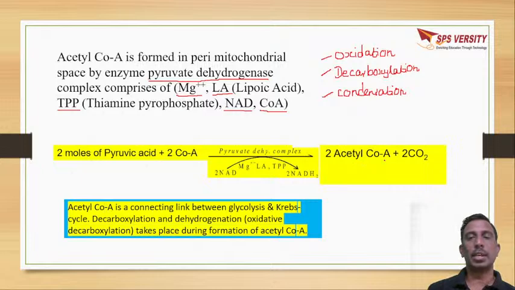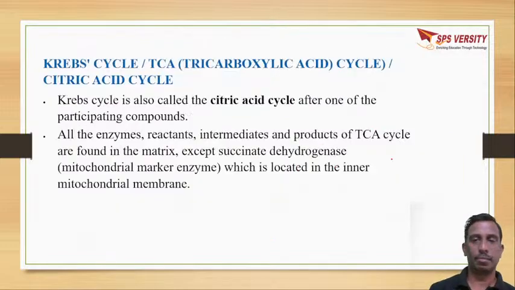NADH2 is the energy currency, and the 2 CO2 are released into the atmosphere. These 2 acetyl coenzyme A will proceed for the Krebs cycle.